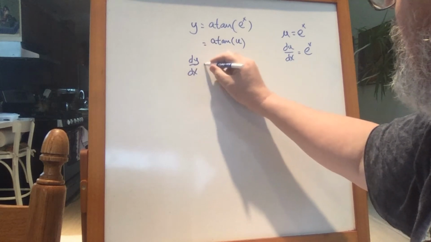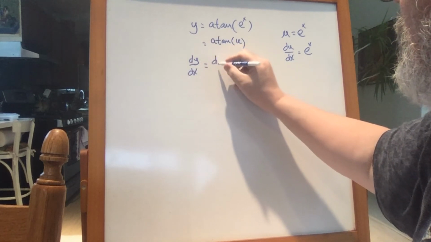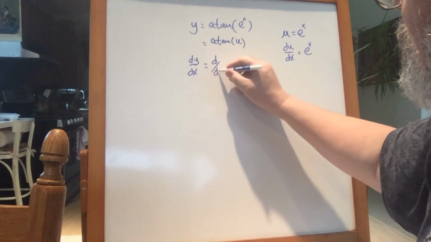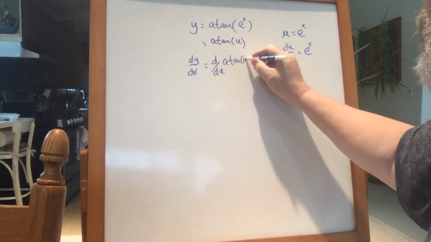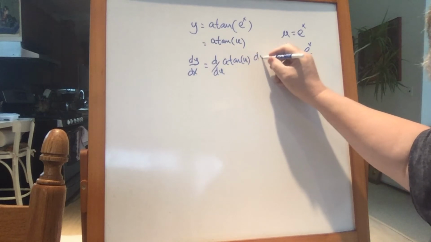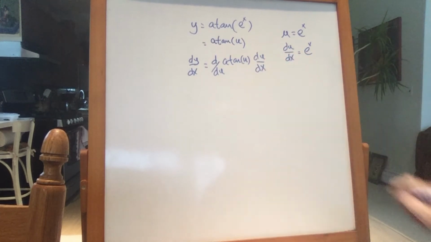So we go dy/dx equals d/du of arctangent of u times du/dx.